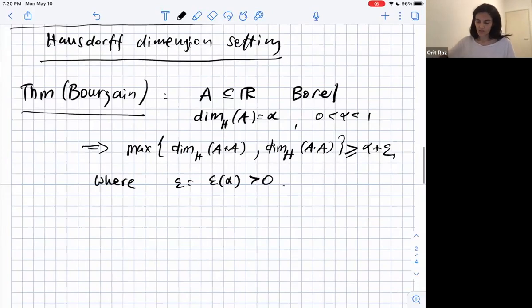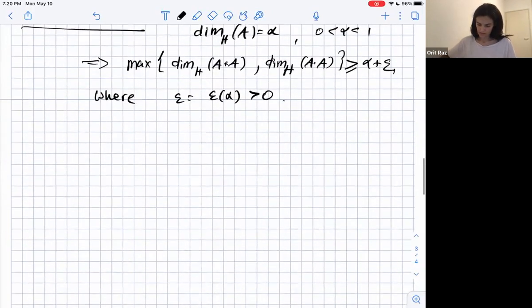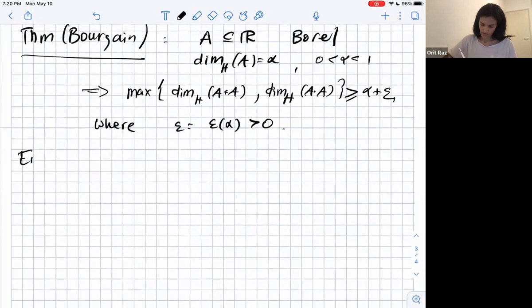And this is related to the Erdős–Volkmann ring conjecture.